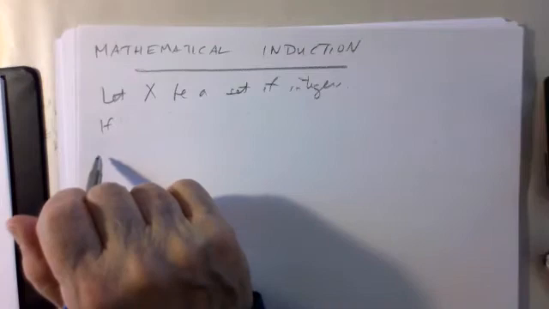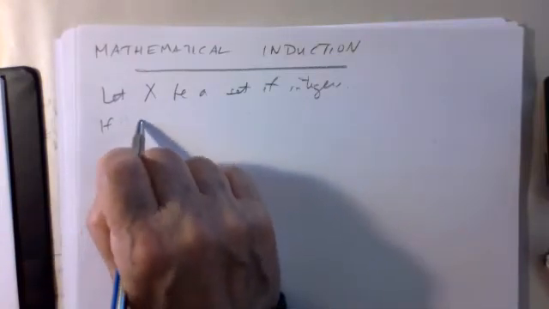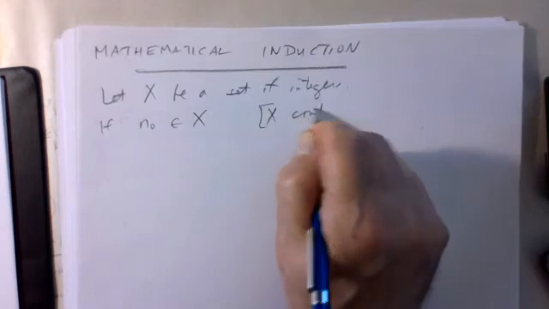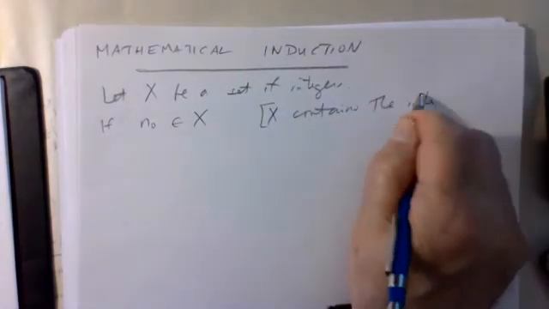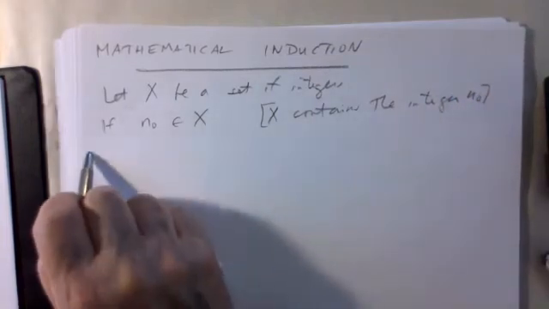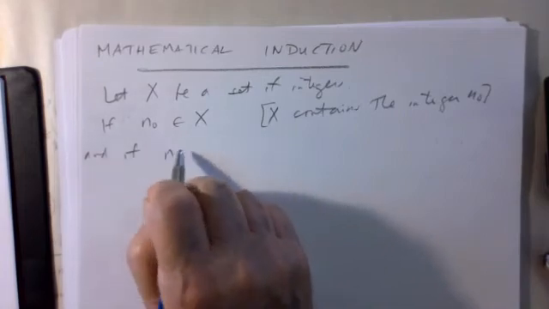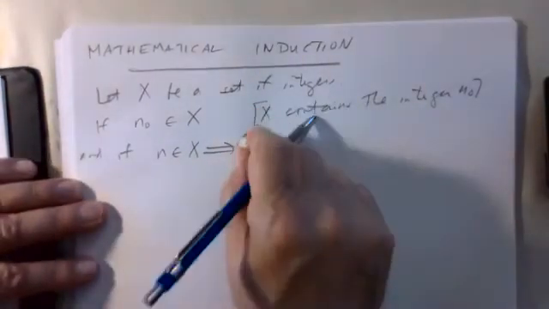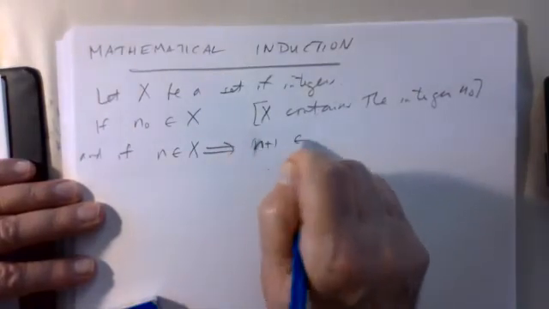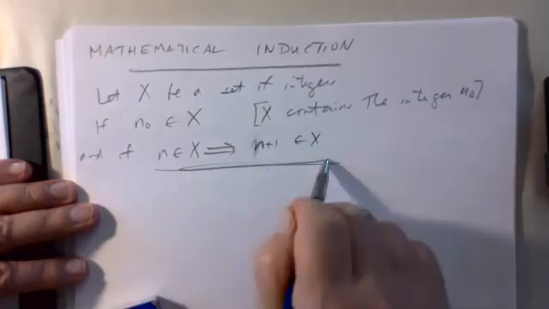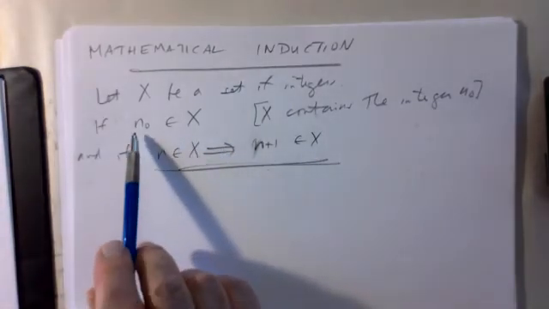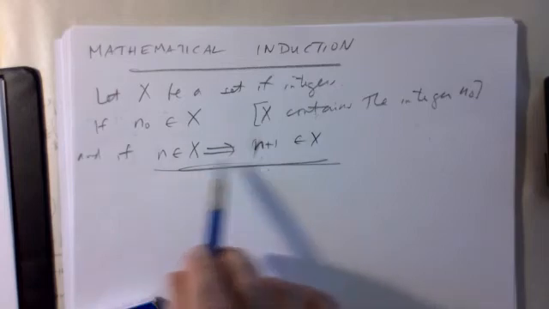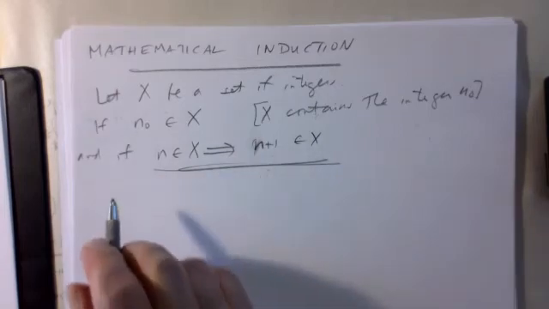If the following two statements are true: if n naught is in X, so X contains the integer n naught, and if whenever an integer n is in X, that implies n plus 1, the next integer, is also in X. So this set X has a property that first it contains the number n naught, and second, if it contains some integer n, it contains the next successive integer n plus 1.